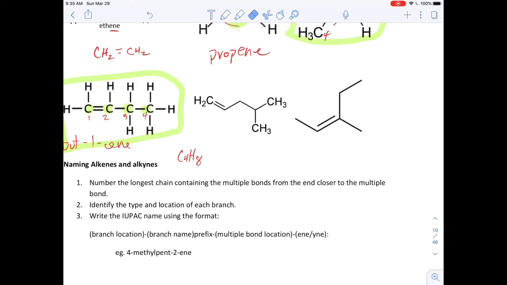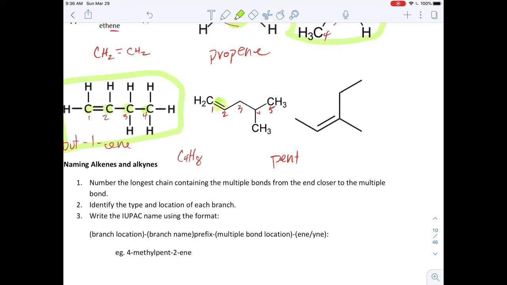Or it doesn't matter if I'm starting here or here. What I'm going to do is number this 1, 2, 3, 4, 5. So it's going to be a pentene because it's got the double bond here.